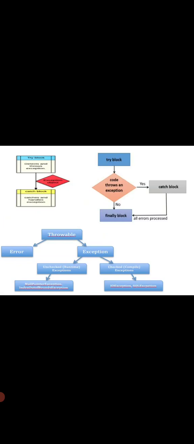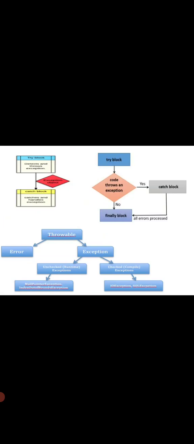In exception handling, there are two major blocks, try block and catch block. Try block consists of the code which is going to do the operation that is defined by us. If there is any exception within the try block, it throws it out. The catch block receives the exception and handles it.